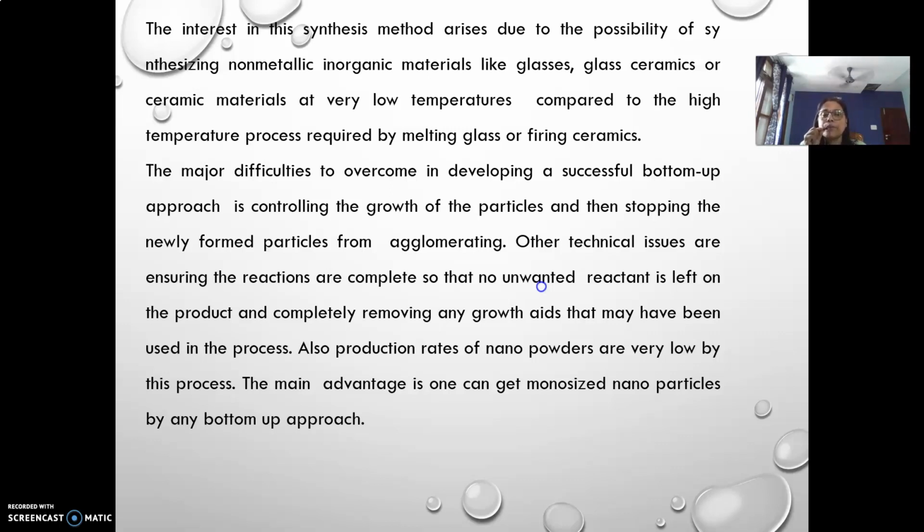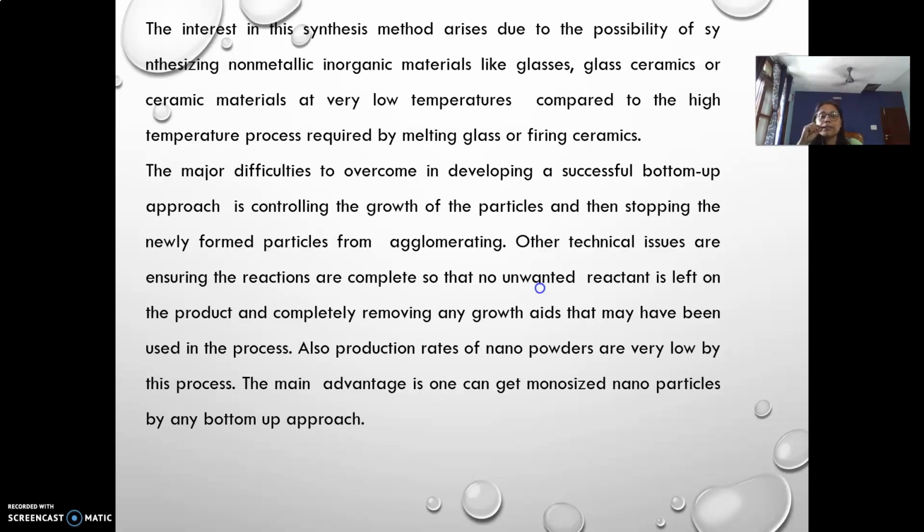Instead of being completely removed from the solvent, we may not be able to detach the unwanted material from the nanomaterial formed. In that case, the properties of the product will be different.